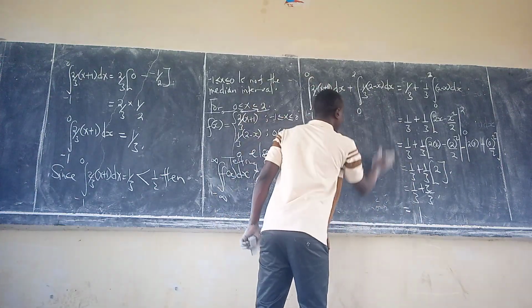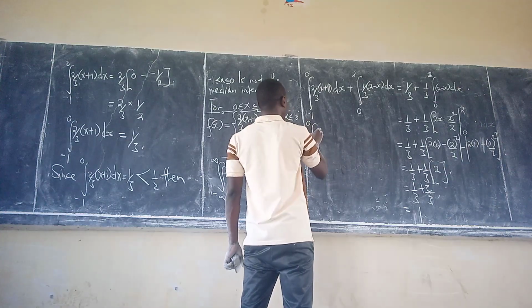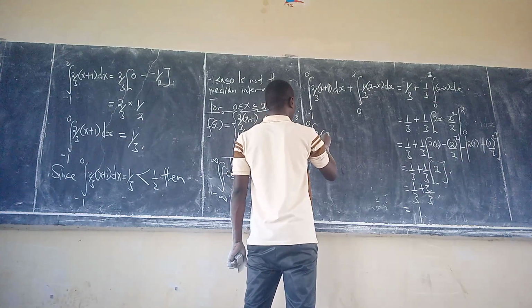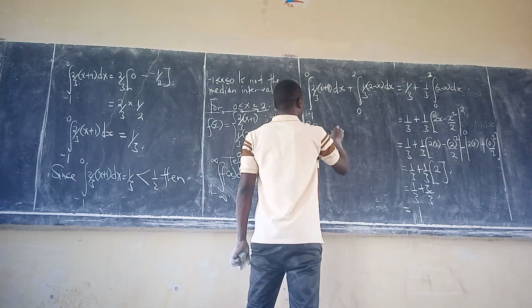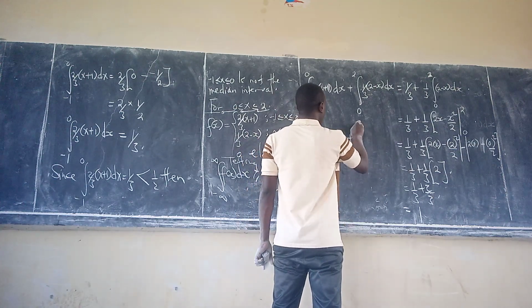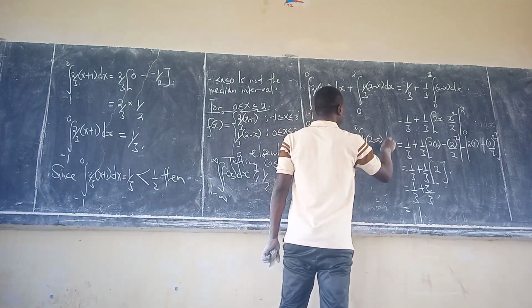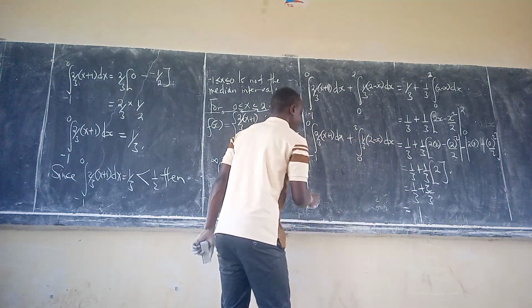So this is the integral from negative 1 to 0 of 2 over 3 into x plus 1 dx, plus the integral from 0 up to 2 of 1 over 3 into 2 minus x dx, and it is equal to that.